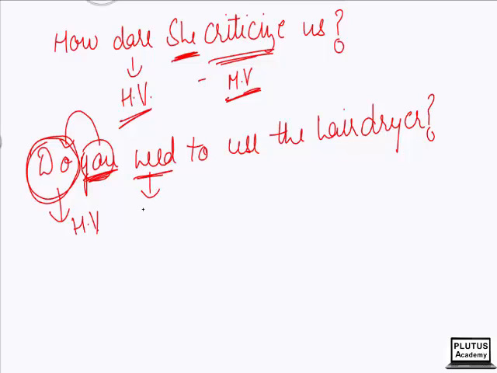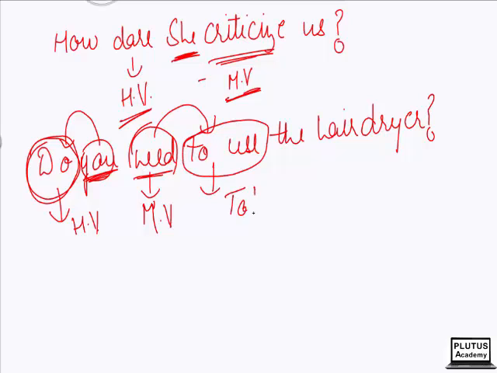So need is working as a main verb here, and if a main verb is followed by any other main verb in the case of modals or in the case of marginal auxiliary verbs, then we have to convert that verb into 2 plus V1 form, और यही हमने यहाँ पर use के साथ किया है. क्योंकि नीड मेन वर्ब था और यूज भी एक और मेन वर्ब है, तो हमने उसे ऑब्जेक्ट बनाने के लिए 2+V1 की फॉर्म में कन्वर्ट कर दिया.